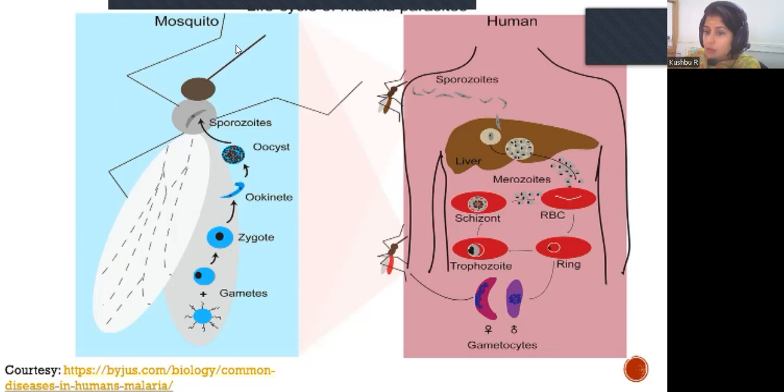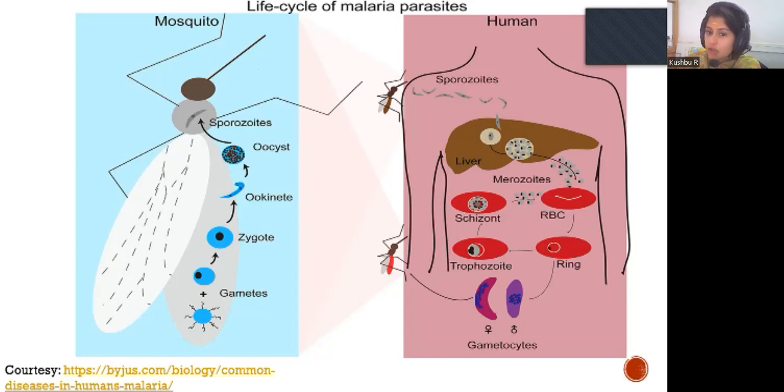Here, these sporozoites, which have reached the hepatic cell, now get converted to schizonts. This stage is called exoerythrocytic schizogony, where there is schizont synthesis and no red blood cells are involved at this phase. That is why it is called exoerythrocytic schizogony.